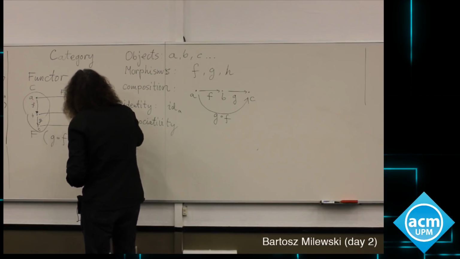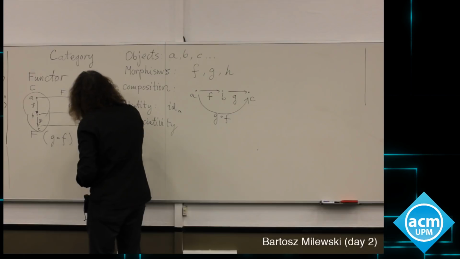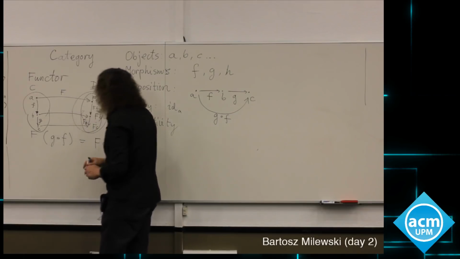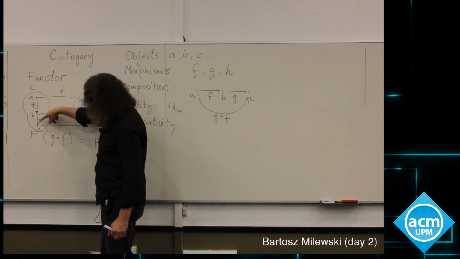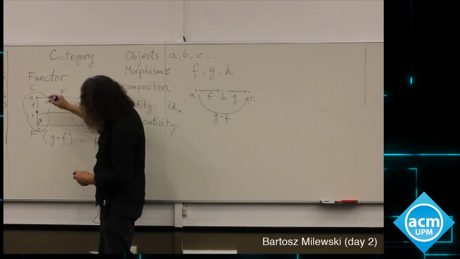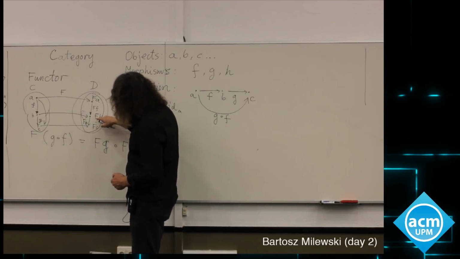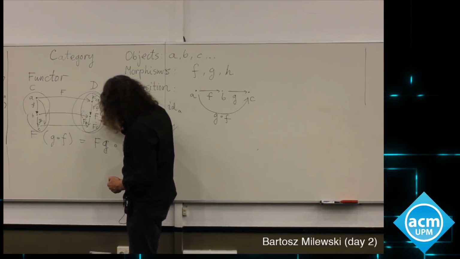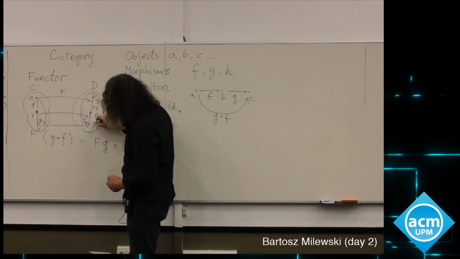C goes into FC. This is FG. It's getting a little messy, but the important thing is that when you compose G after F, you get this one arrow from A to C. If you compose FG after FF, you get this one arrow here.